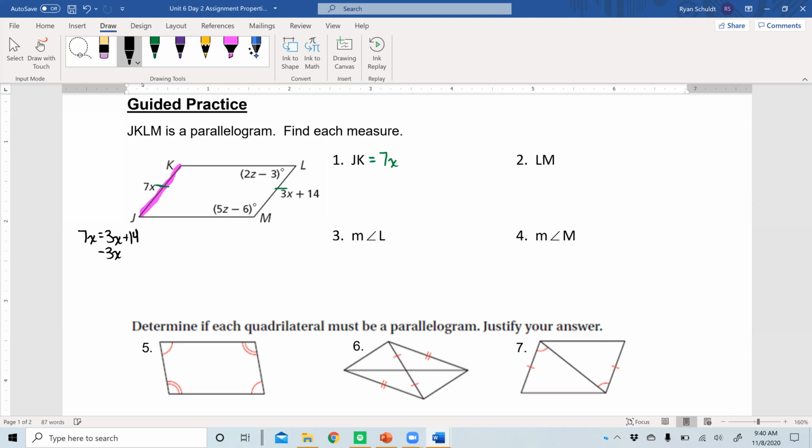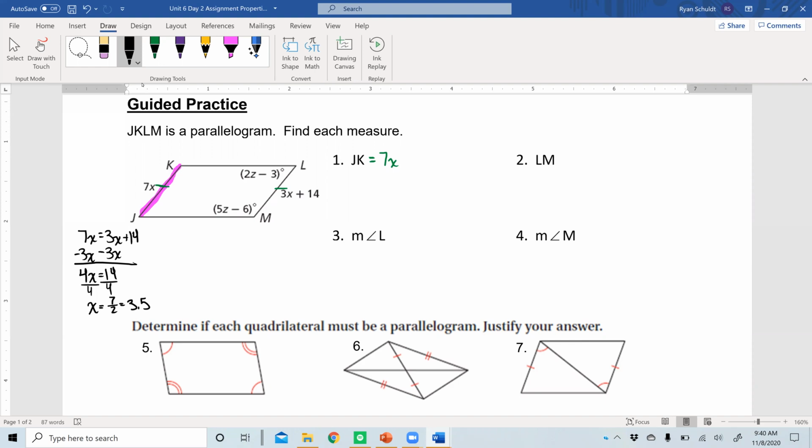Subtract 3x, and you get 4x equals 14. Divide by 4, and you get x is either 7 over 2 or 3.5, however you want to write it.